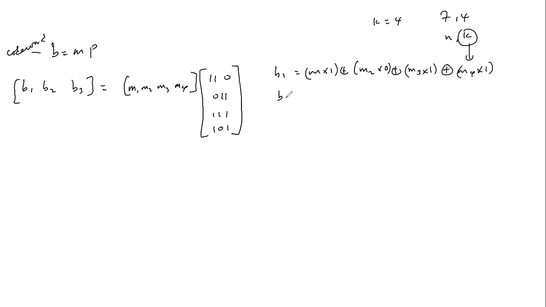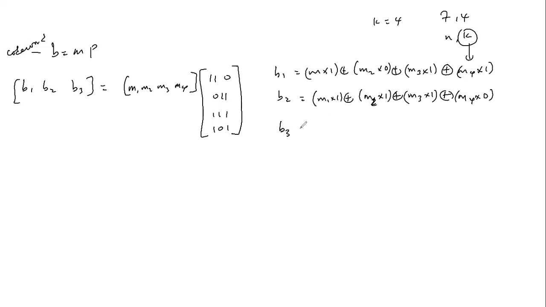So B2 follows directly as M1 times 1 plus M2 times 1, M3 times 1, plus M4 times 0.